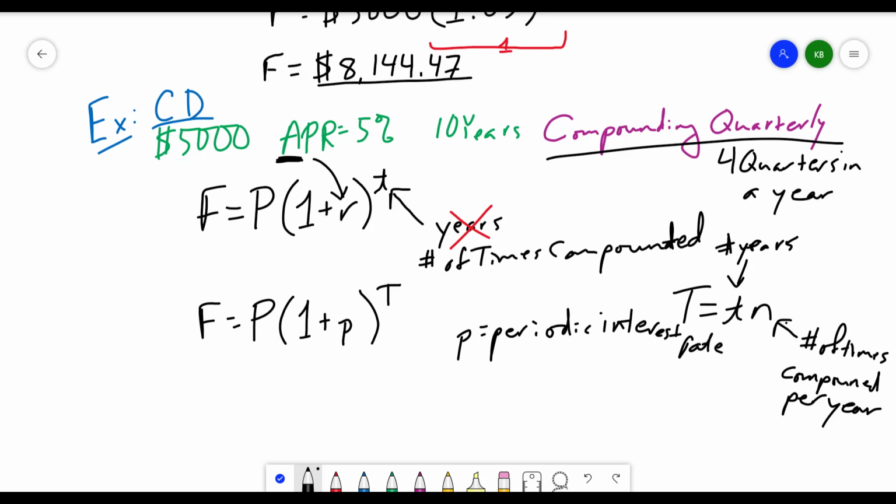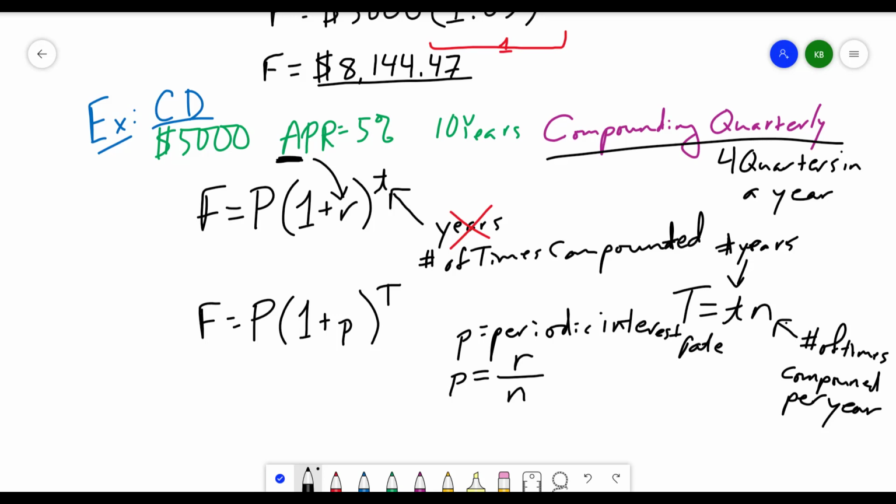Right, so for our periodic interest rate, what we do to find this, lowercase p is going to equal our annual rate divided by the number of times we're going to compound each year. So what this does is for quarterly, it breaks our annual interest rate up into fourths, so it gives us a quarterly interest rate.